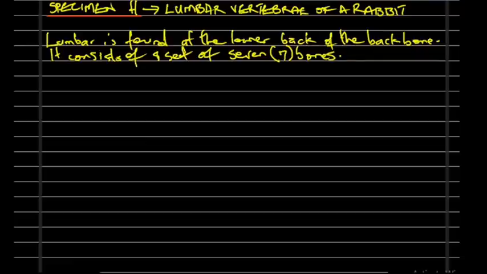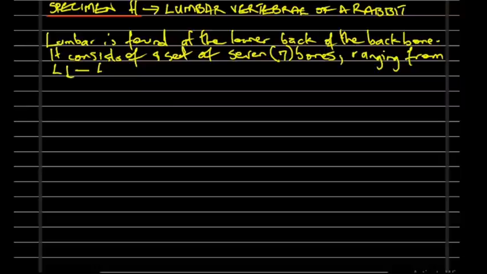We have 7 bones for the lumbar, ranging from L1 through to L7.